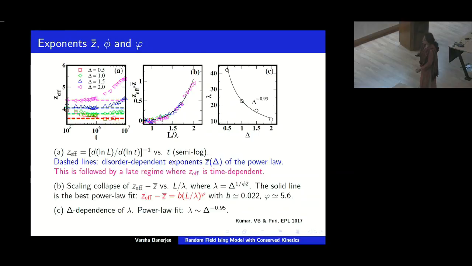So then you do more of the machinery, and it's possible to find out what this deviation is that is happening at late times. Okay. And that's another fit. So it tells us that z̄ minus z effective is given by this particular form, and it helps us to evaluate this very important exponent phi, which is the barrier exponent. Okay.